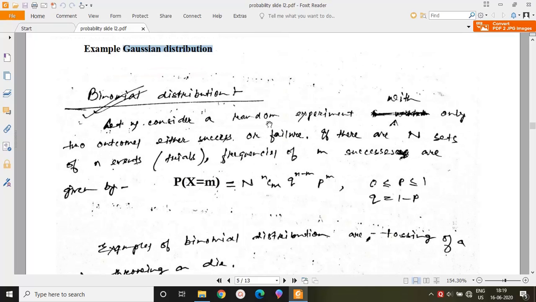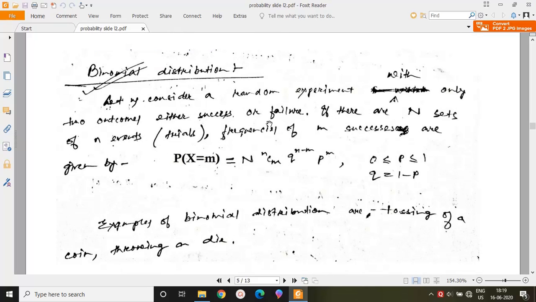What is binomial distribution? If you consider a random experiment with only two outcomes, either success or failure, then in that situation we apply binomial distribution. Suppose you are performing capital N sets of small n number of trials.